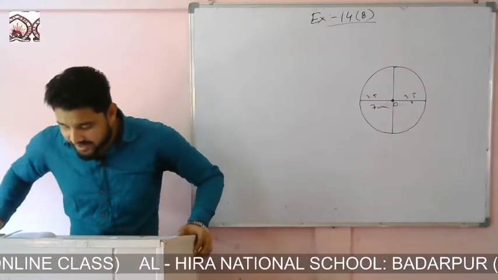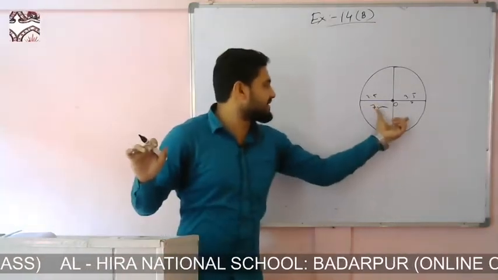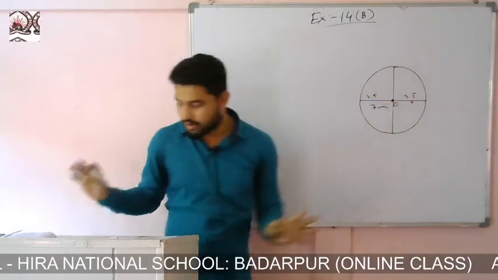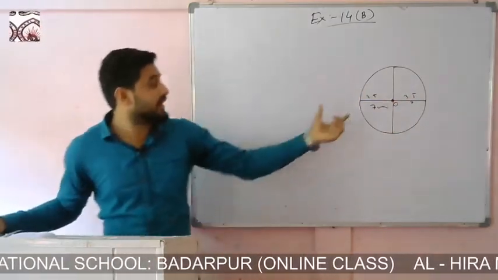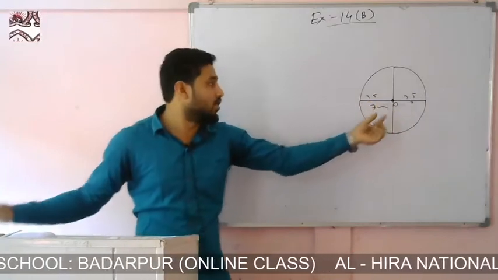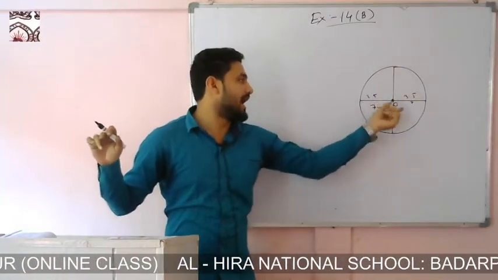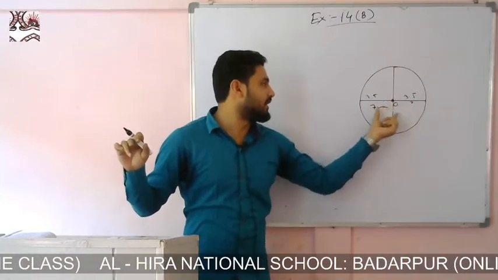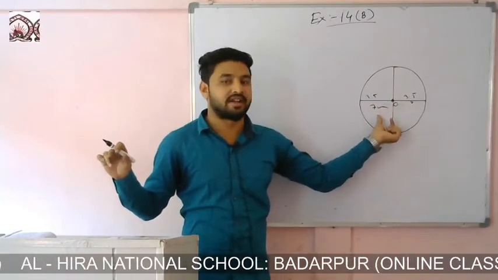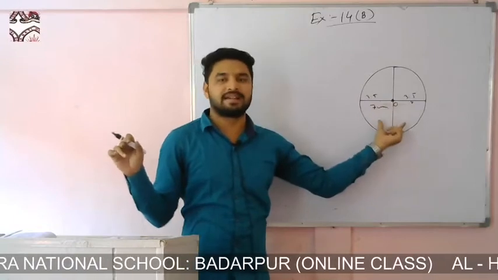Draw a circle of diameter 7 centimeter, not radius, sorry. With the help of the radius I have drawn, and after adding the two radii I got 7 centimeter. That means it is a circle of diameter 7 centimeter.